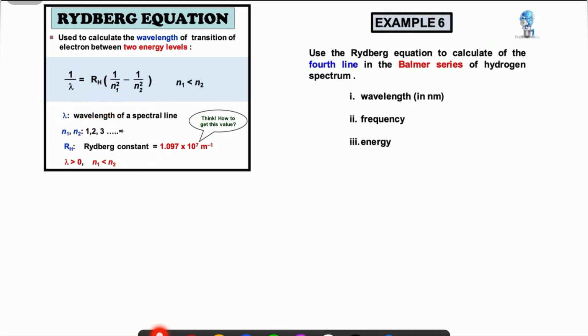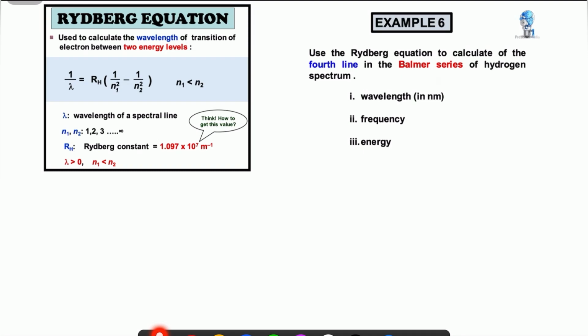Okay, let's see example 6. By using the Rydberg equation, calculate the fault line in the Balmer series of the hydrogen spectrum. In the Balmer series, an electron drops or falls back to the lower energy level n equal to 2. The first line is when the electron makes a transition from n equal to 3 to n equal to 2.